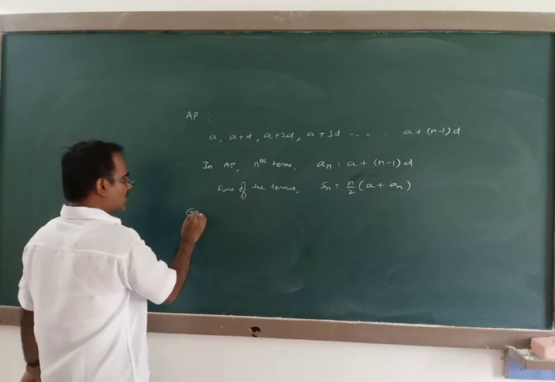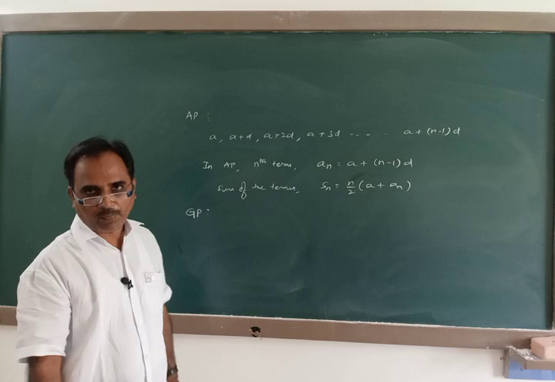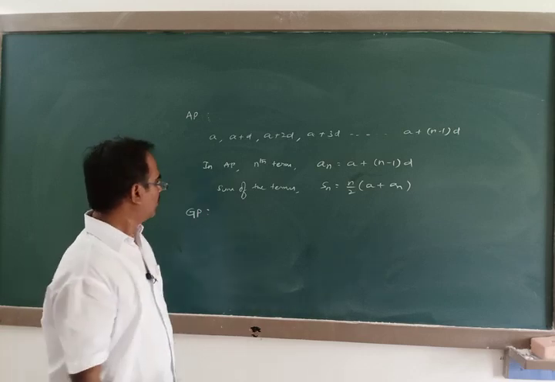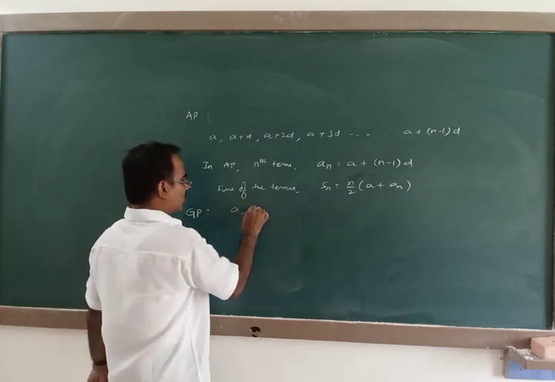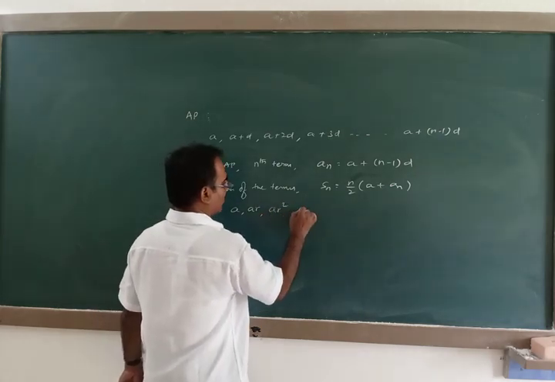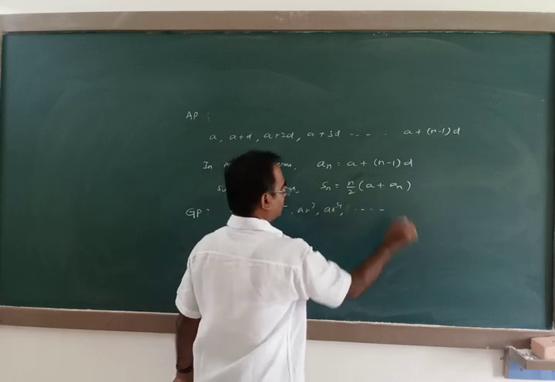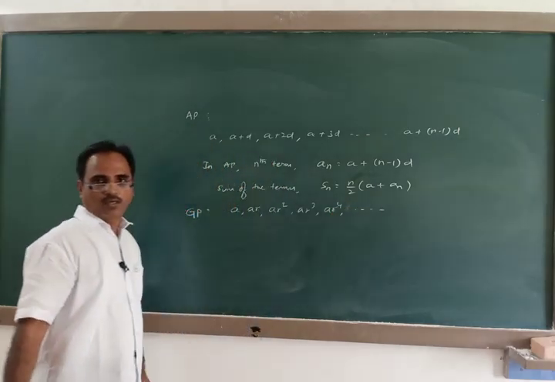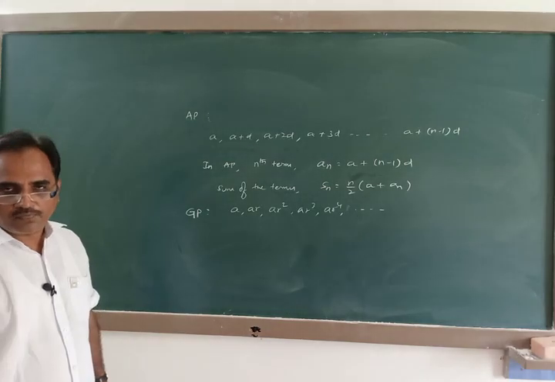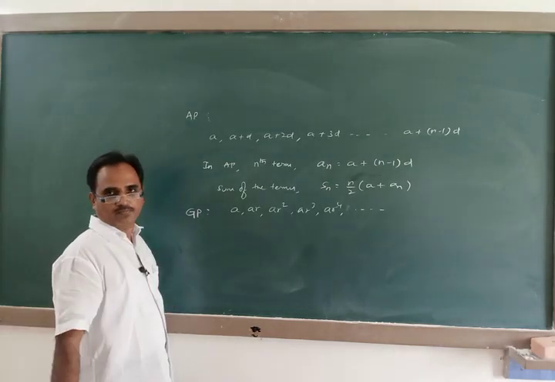Similarly, you also come across problems involving geometric progression, GP. See, terms of this order: A, AR, AR square, AR cube, AR to the power of 4, like that. Terms of this form are said to be in geometric progression.